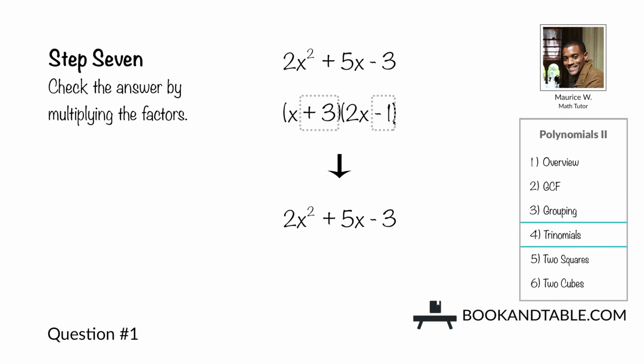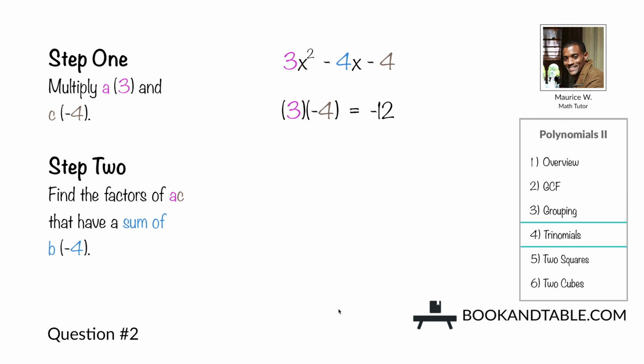And 3 times negative 1 is negative 3. So since our final polynomial matches our original polynomial, we found the correct factors, which are x plus 3 and 2x minus 1. That is the answer to question number 1.